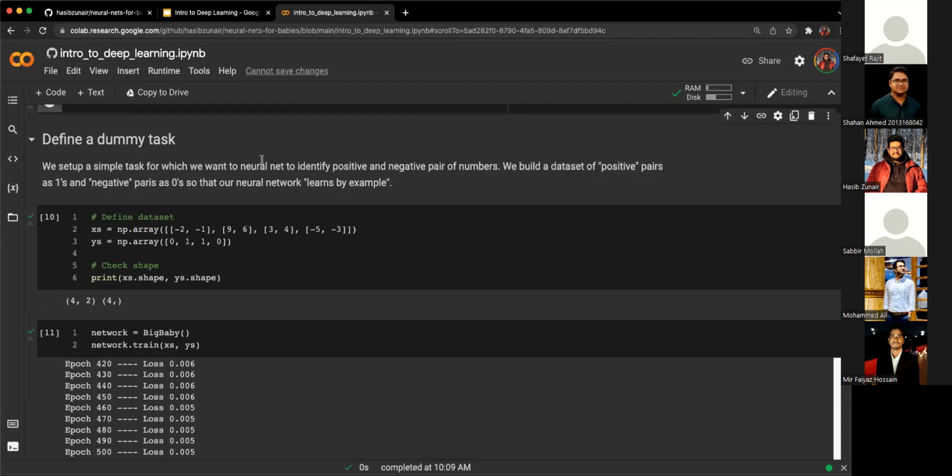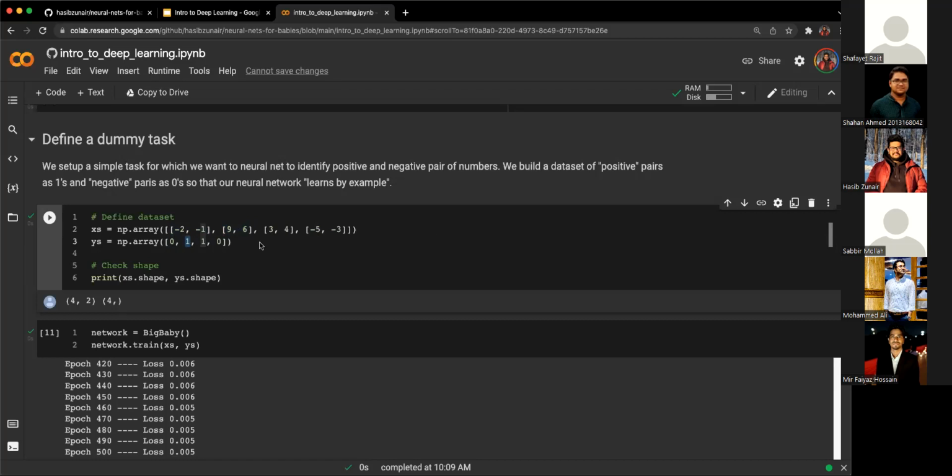So for positive pair numbers, I gave it a value of 1. And for negative pairs, I gave it a value of 0. So -2 and -1 is going to give 0, which means I'm giving this pair and saying it's negative. I'm giving this pair, I'm saying it's positive. The same for the rest, right?